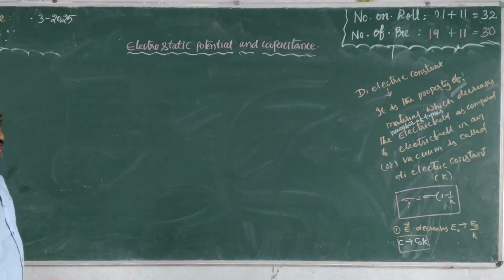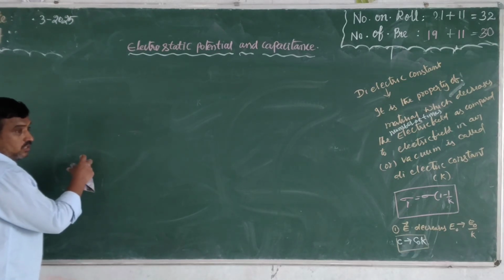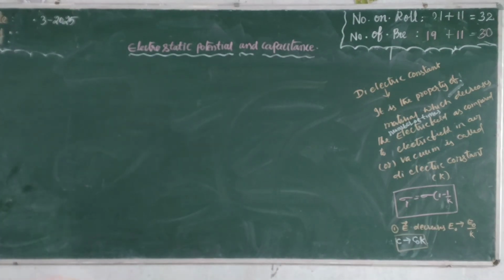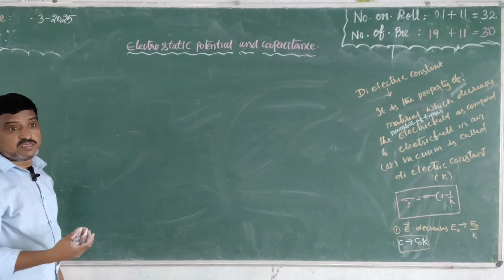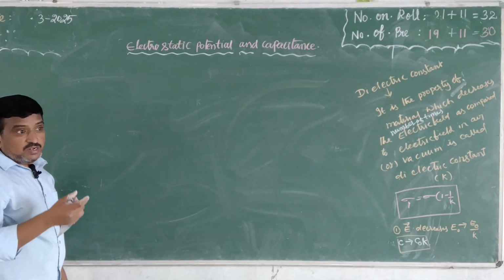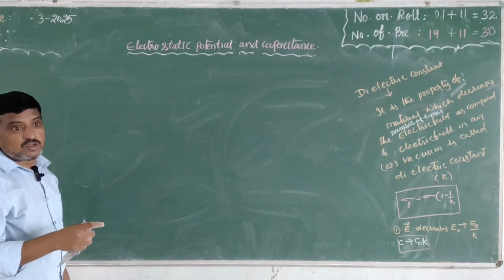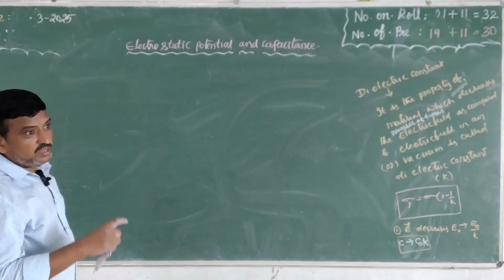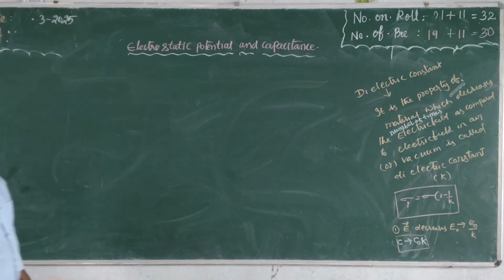The dielectric constant of metals is infinity. When a dielectric is placed between the parallel plates, the capacitance increases K times.